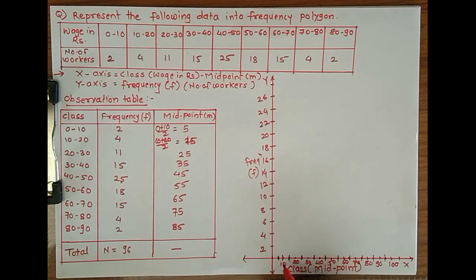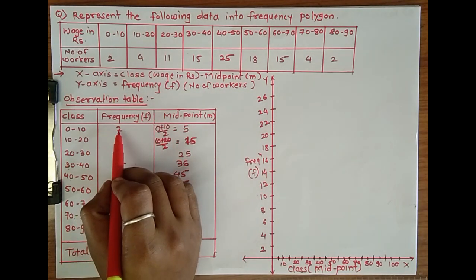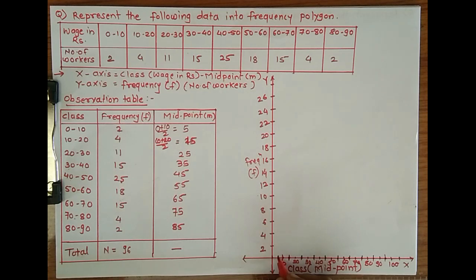We have to mark midpoint versus frequency coordinates. First midpoint is 5, corresponding frequency is 2. 5 and 2, 5 is here, and 5 and 2 here is the first point.